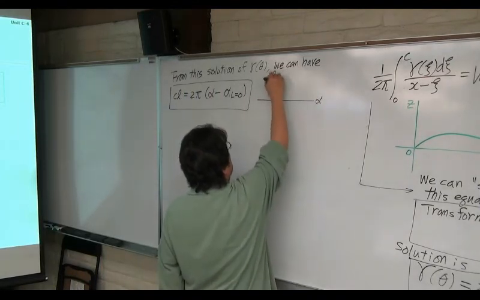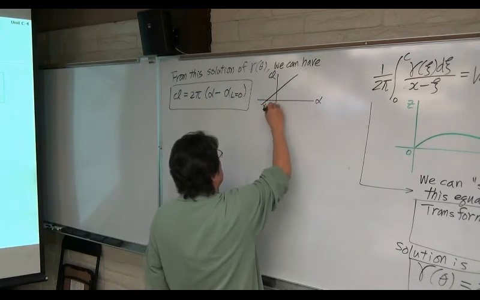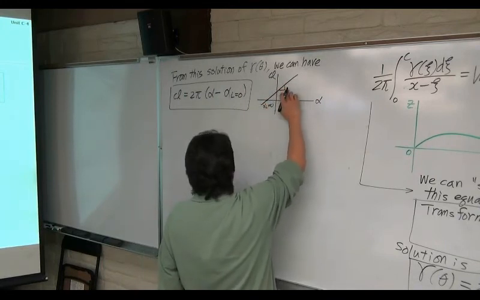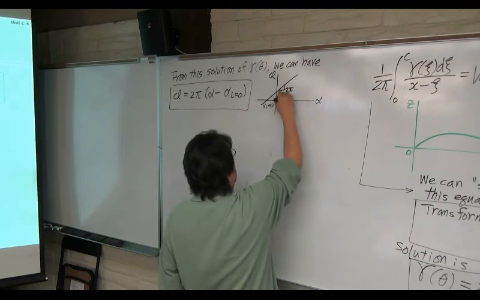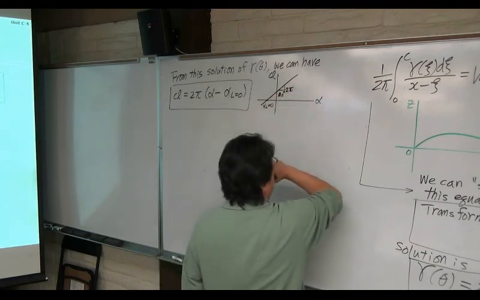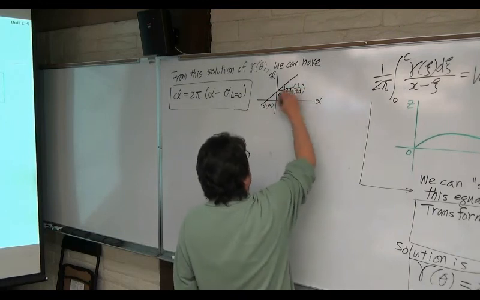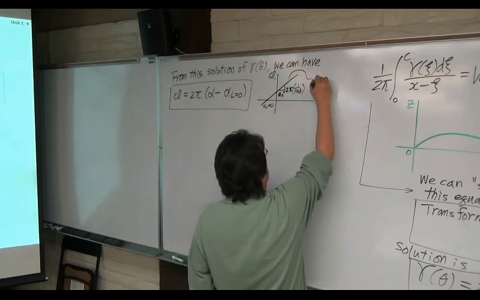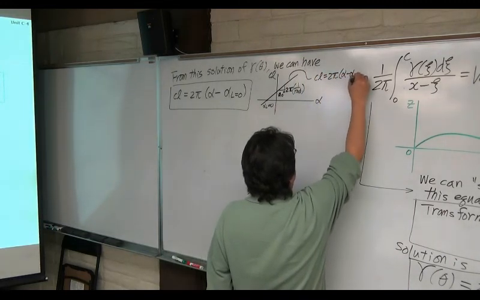This is alpha and CL, this is alpha 0 left, and the slope is 2 pi already. So this line is CL equal to 2 pi times alpha minus alpha 0 left.